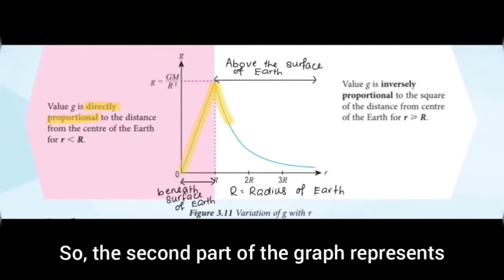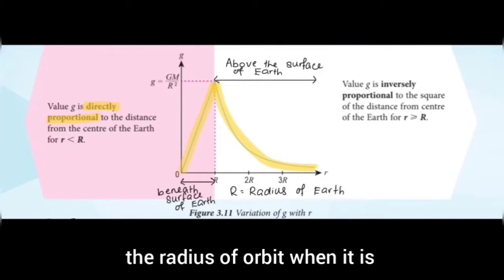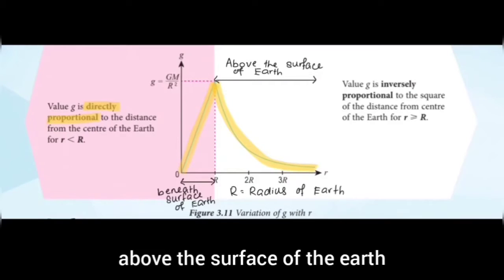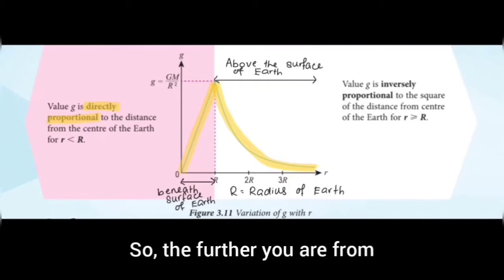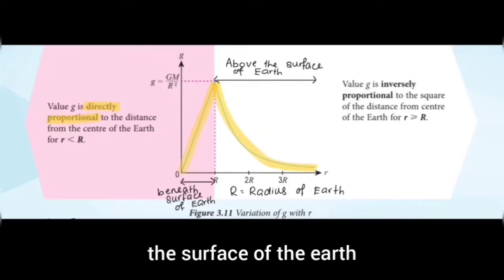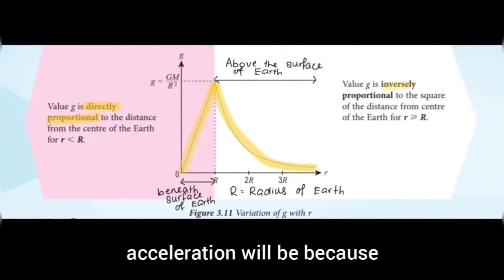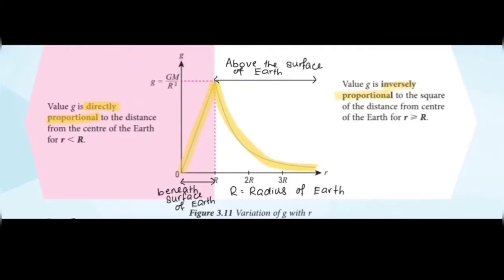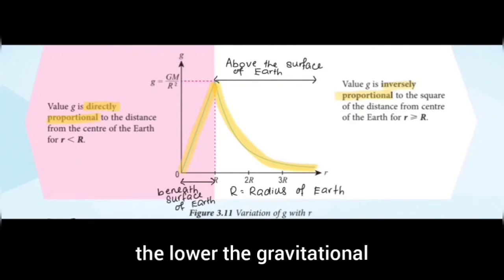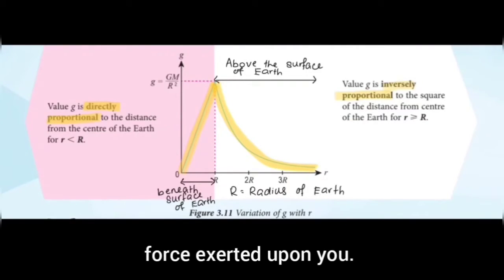The second part of the graph represents the radius of orbit above the surface of the Earth. The further you are from the surface, the lower your gravitational acceleration would be, because the further you are, the lower the gravitational force exerted upon you.